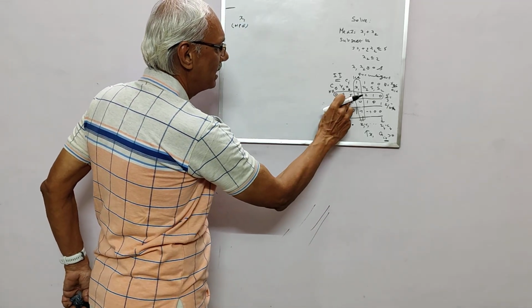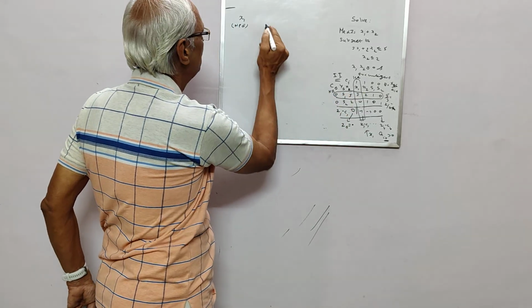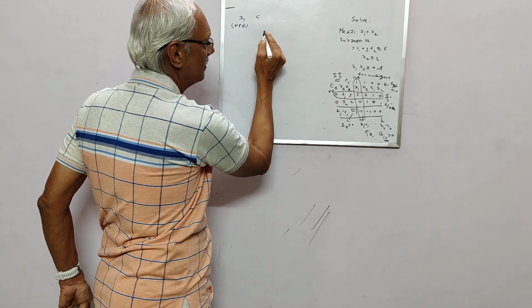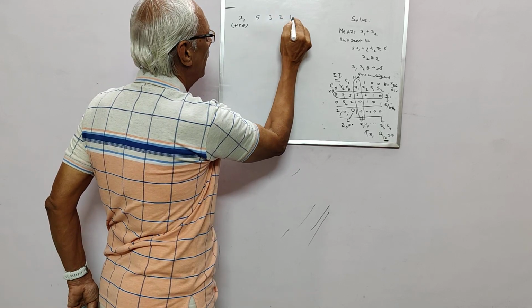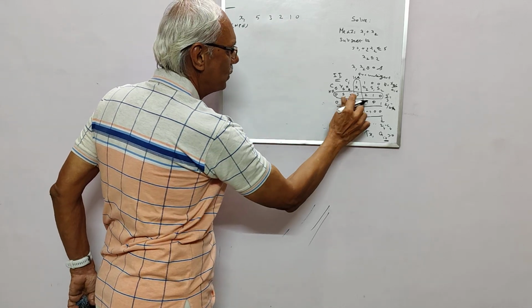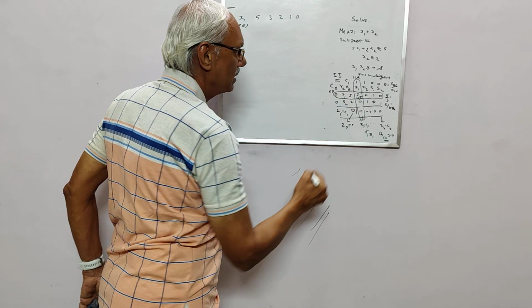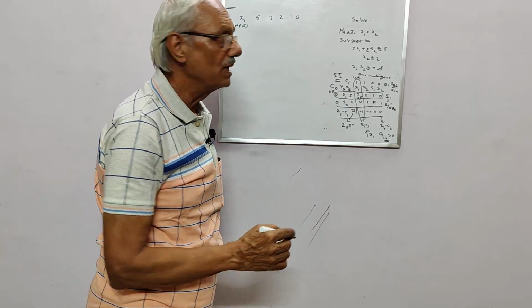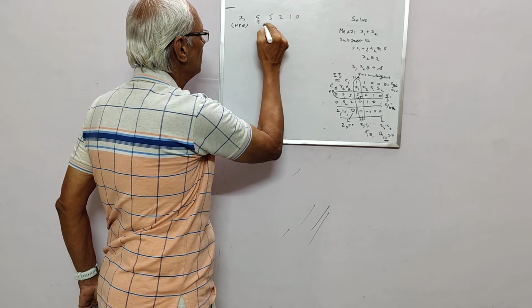How do you write this? You write 5, 3, 2, 1, 0 under XB, X1, X2, S1, S2. This is called your key element. 3 is your key element. Divide everything by 3.